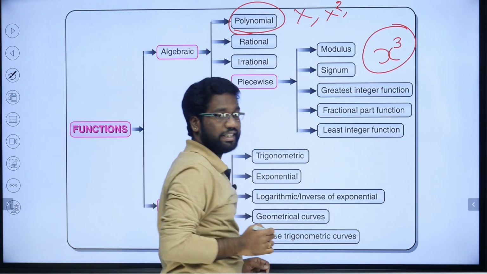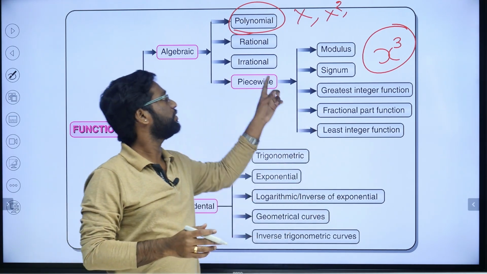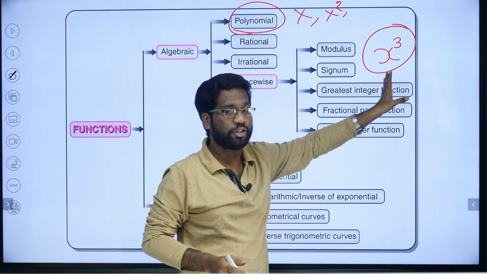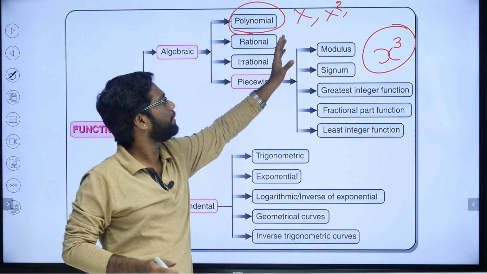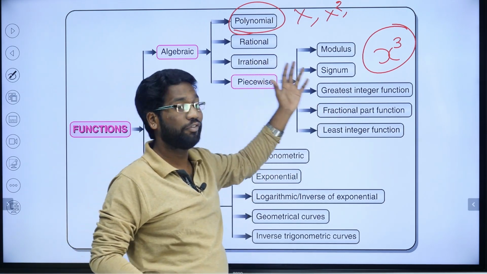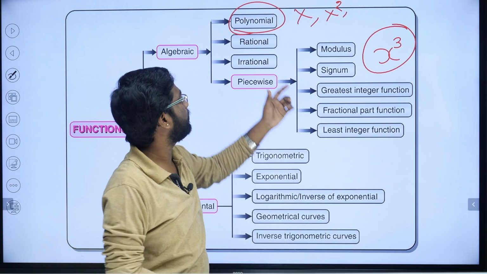After seeing x cube, let's generalize the terms, because we have covered identity function x, x square, x cube. Hereafter everything will be repetitions of this. So how can we roughly calculate the generalized term for the polynomial function?